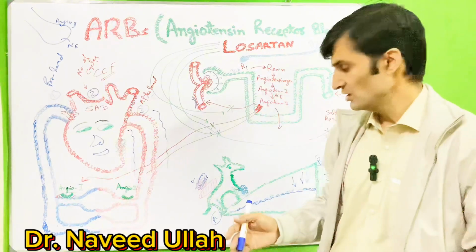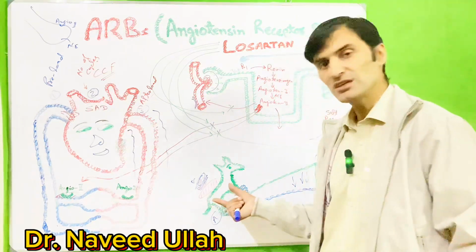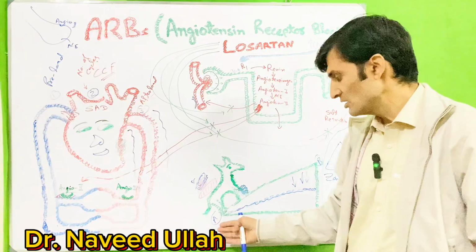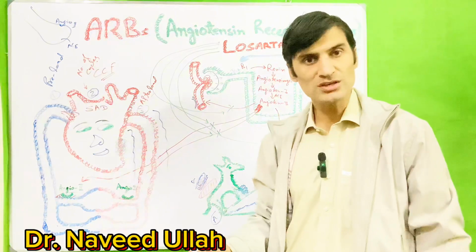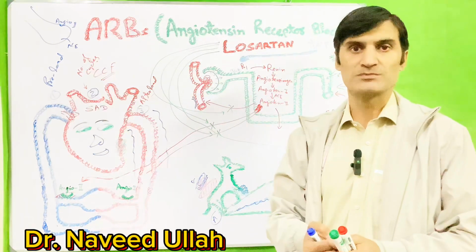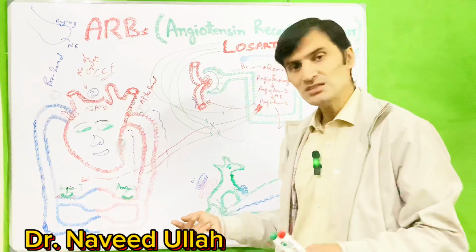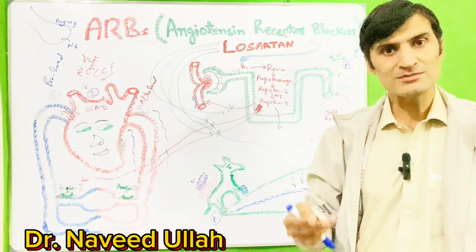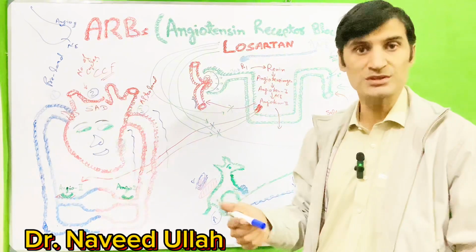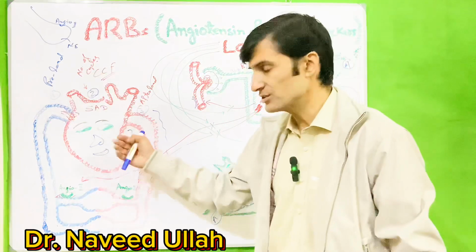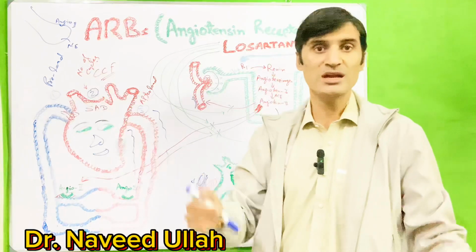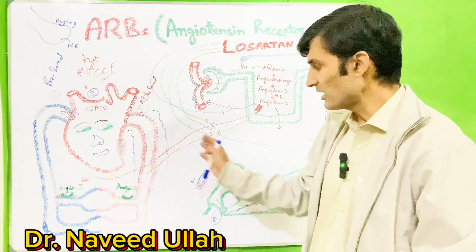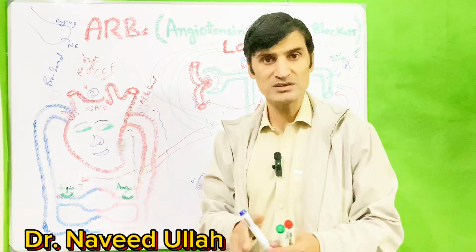For example, if this donkey is performing its function 100 times in a minute, and we tell that donkey to perform its work instead of 100 times, 70 times or 60 times, it will be a help to that donkey, a help to that heart. If we reduce the contractility of that heart, it will be a help to that heart. We had already discussed all these in previous lectures.